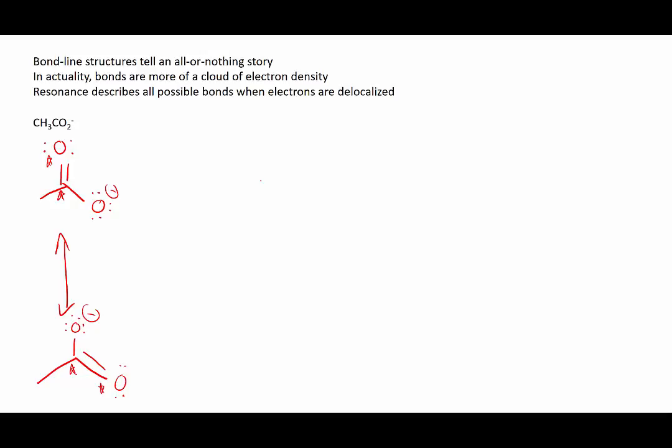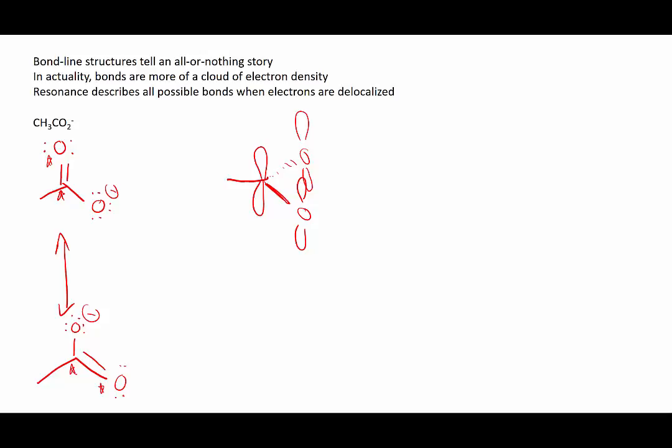We've got our methyl group coming off to the left, and then going backwards we have one of our oxygen atoms, and coming forwards we have the other oxygen atom. For a pi bond to be made, we have to have a p orbital here. We've got the negative charge down here, which is also going to be a p orbital, and in the back we're going to have a p orbital for the other part of the pi bond.